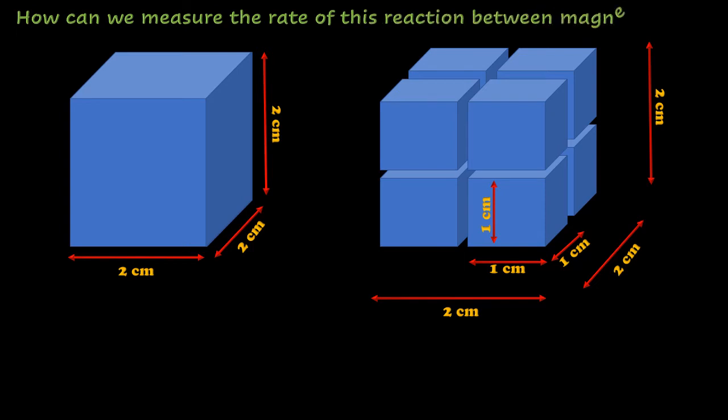How can we measure the rate of this reaction so that we can make this observation that powdered magnesium will react faster with hydrochloric acid compared to a magnesium ribbon strip?